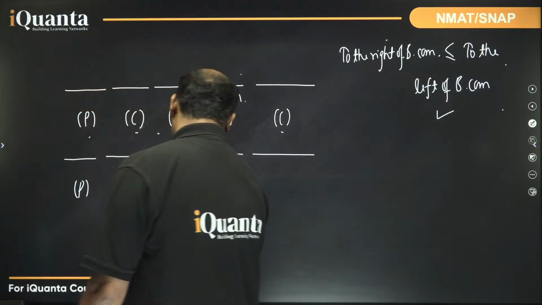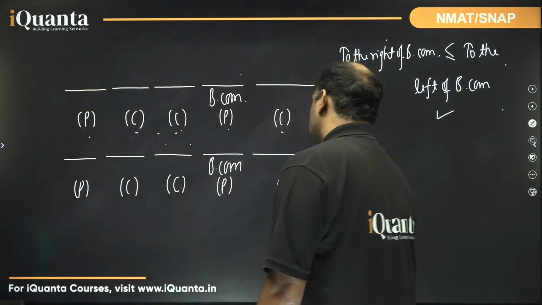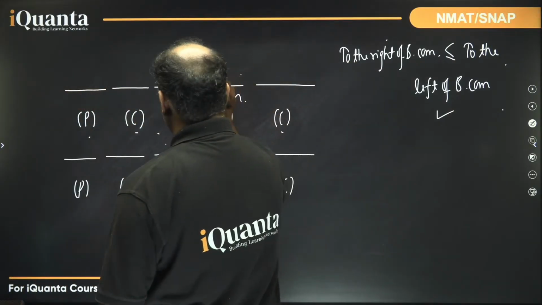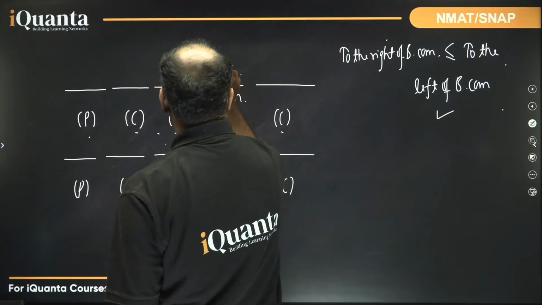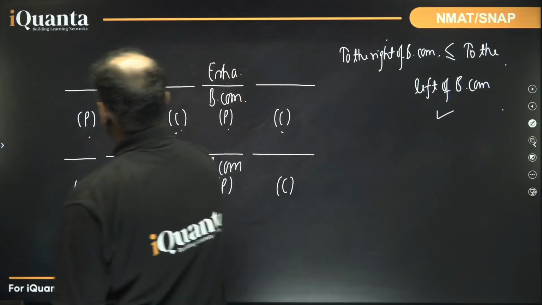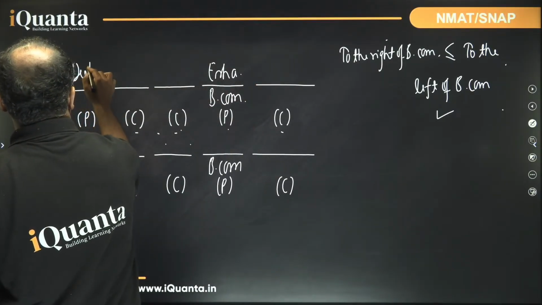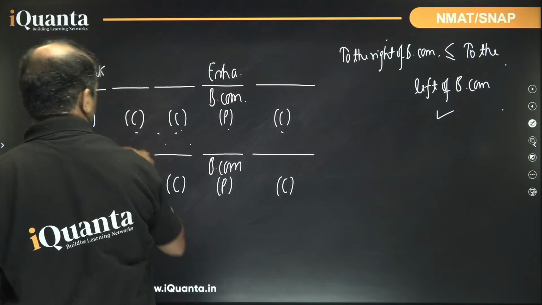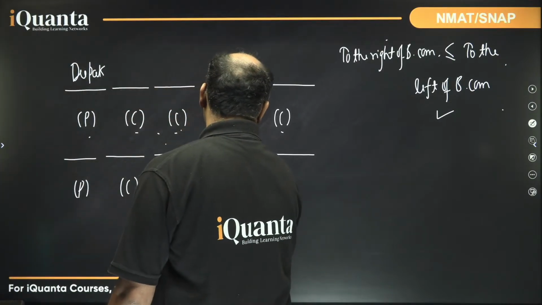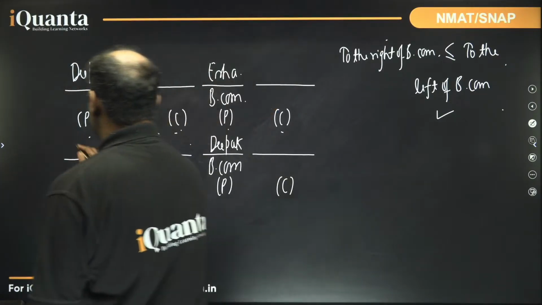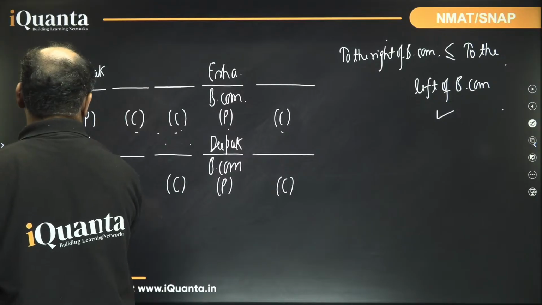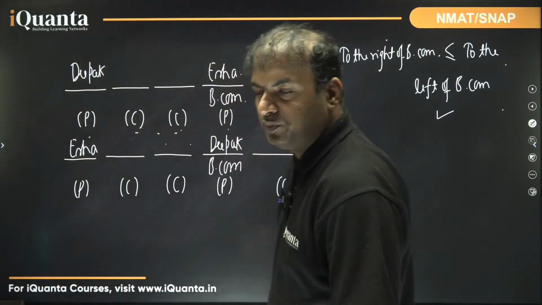Now, BCom person, these are the two parents. So maybe this is Isha and this is Deepak, or maybe this is opposite, that this is Deepak and this is Isha. They can be both the scenarios. So these are the two parents, obviously.